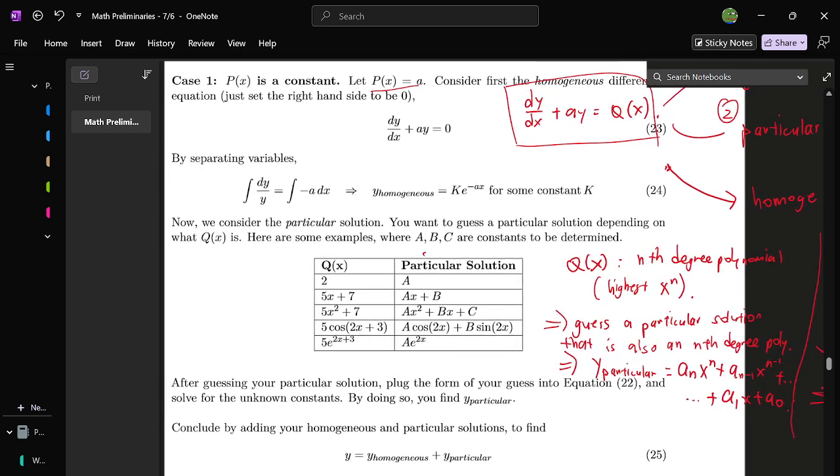Likewise, if you have Qx to be some trigonometric term, then you want to guess a particular solution like that. And if you have Qx to be some exponential term, then you want to guess a solution to be like that. So it's quite intuitive how you want to guess a particular solution. You want to follow the form of Qx.